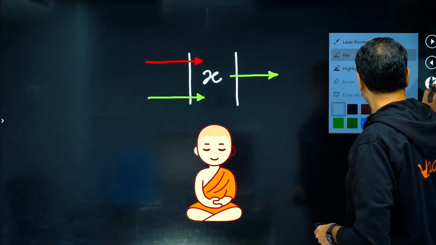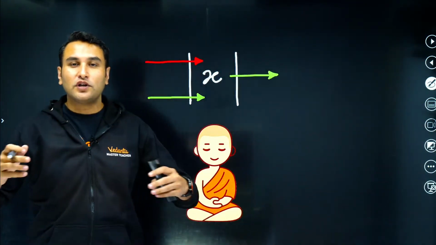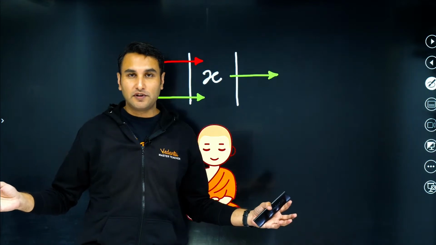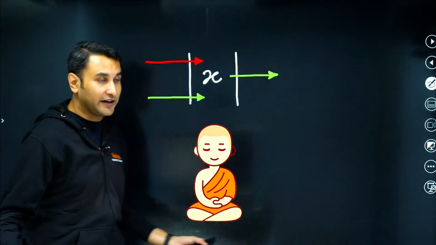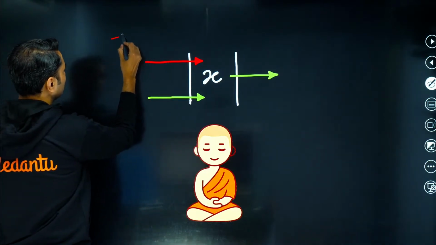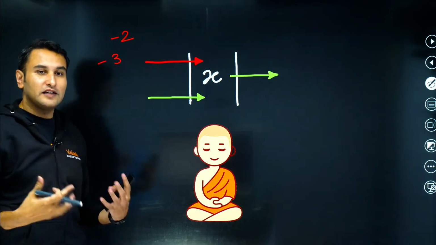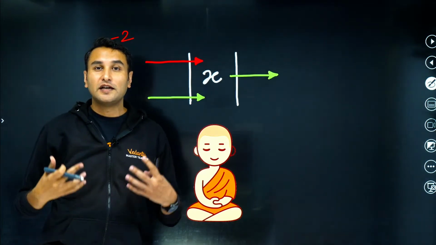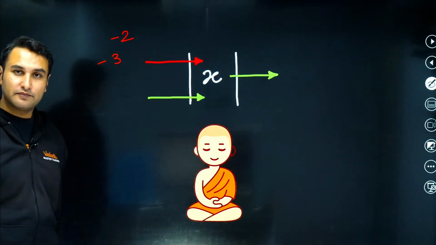For example, this Baba happily accepts everyone. The Baba lives in an ashram, and the gates of the ashram are open to all types of people. Some are negative people. Say look at this number -2, and this number -3. Imagine -2 and -3 represent people with negativity in them, and they come to Baba.